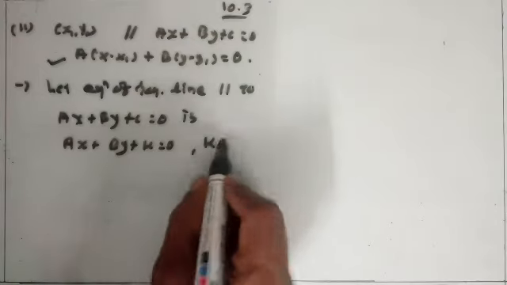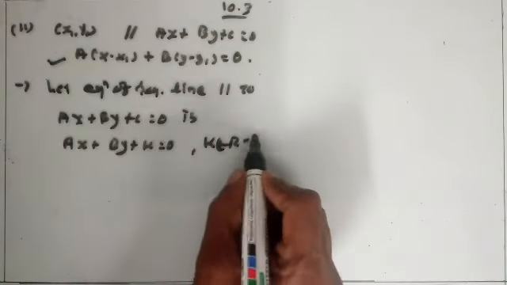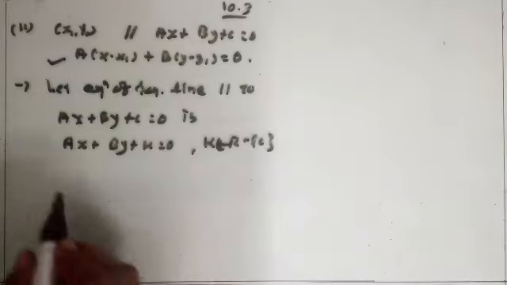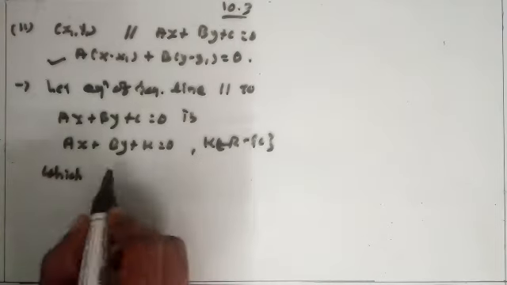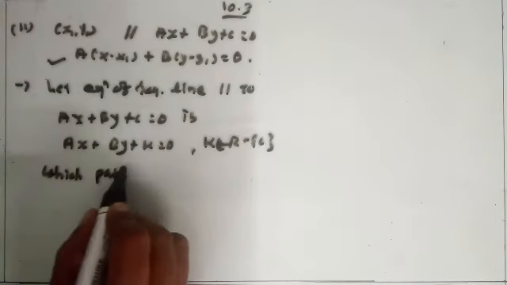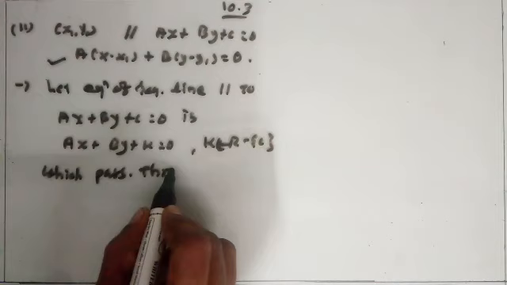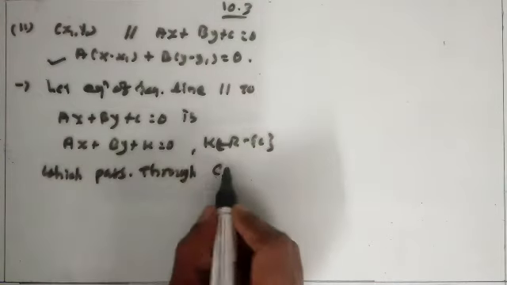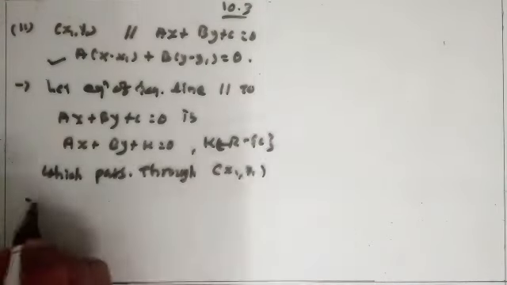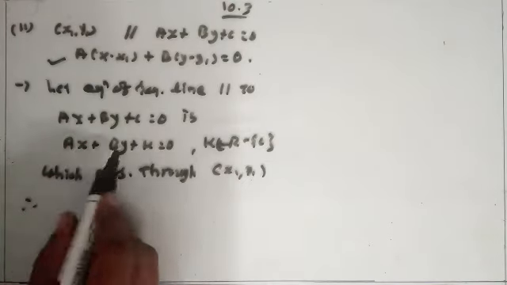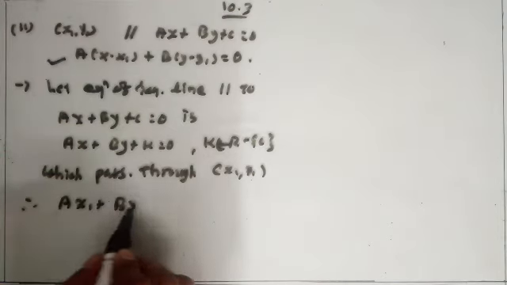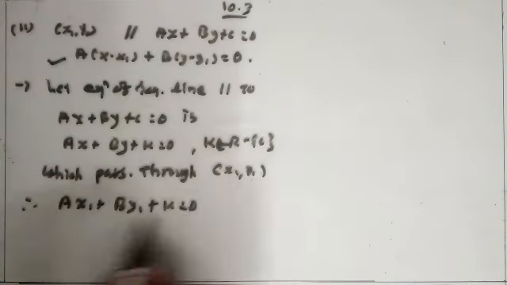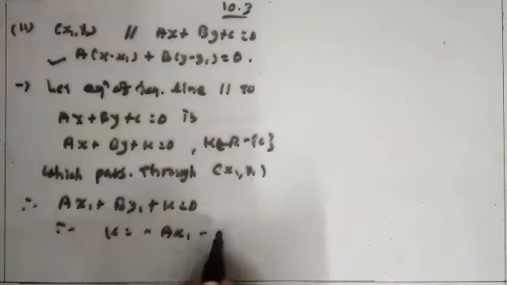Here k belongs to R minus c, which passes through x1, y1. Therefore replace x, y by x1, y1, we get a into x1 plus b into y1 plus k equal to 0. Therefore the value of k is equal to minus ax1 minus by1.